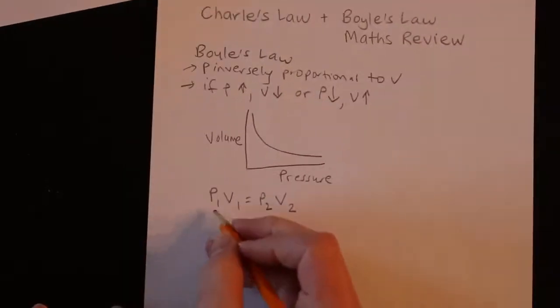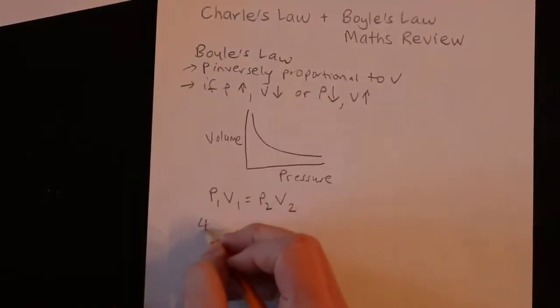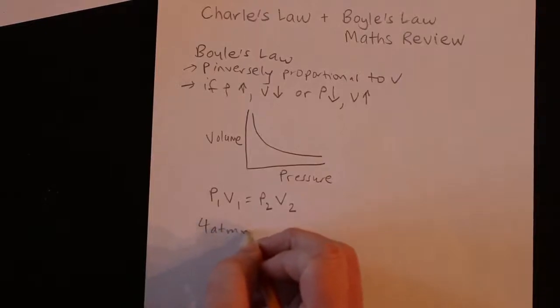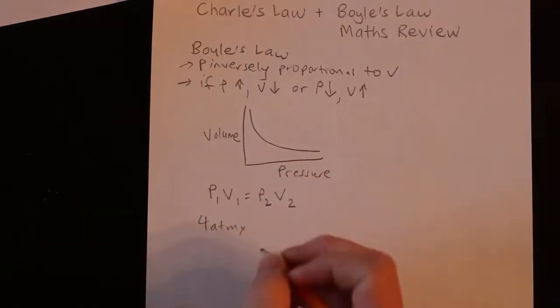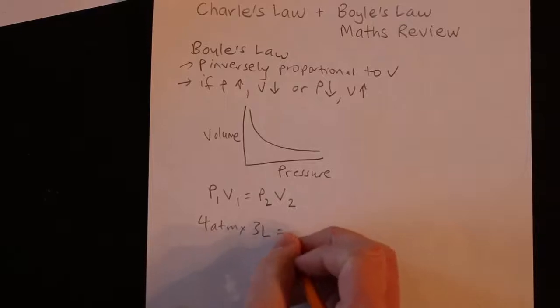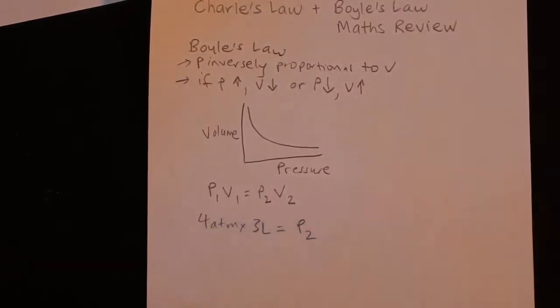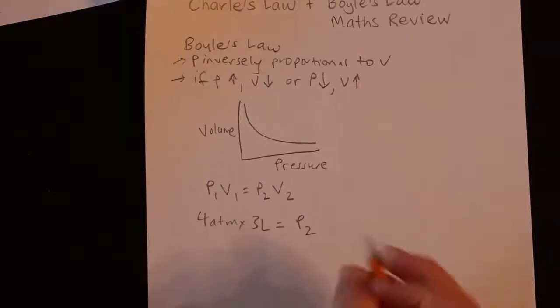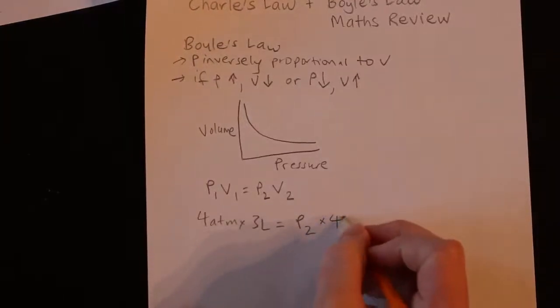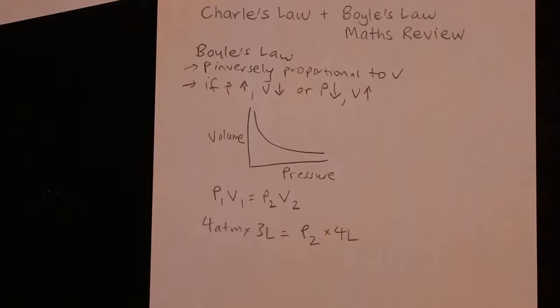So let's just say your initial pressure was 4 atmospheres and your initial volume was 3 liters. Okay. And you wanted to find out what the pressure would be, so you wanted to find P2 when the volume was 4 liters. Okay. So we would need to get P2 by itself.